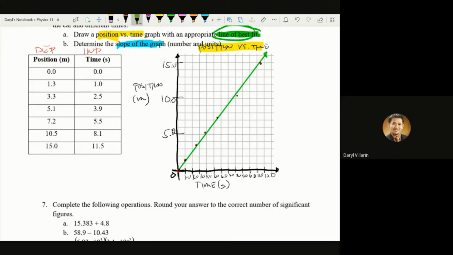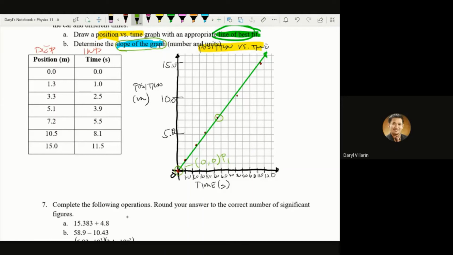So if you can see, the slope is, you choose 2 points that hit this green line here. I'm gonna choose this one because this is just 0 and 0. That would be my P1. The second point, I'll choose this one.